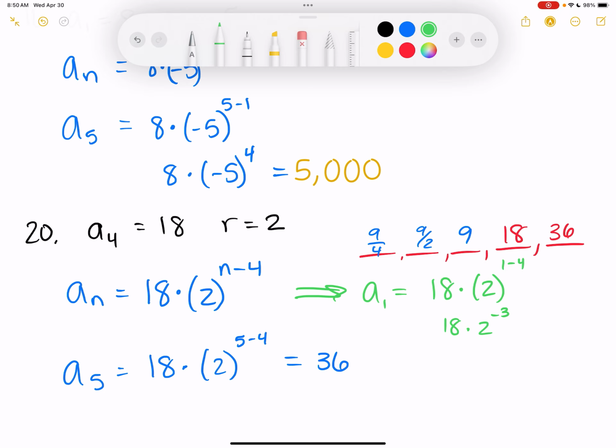Positive. What does a negative exponent do? Flips it. So this would be 18 over 8, which would reduce to 2.25 or 9 over 4. And that would have been our first term. So I can always use this rule for previous terms as well, and it will find it, or in this case, since it was easy, I could just keep dividing by 2 until I get there.